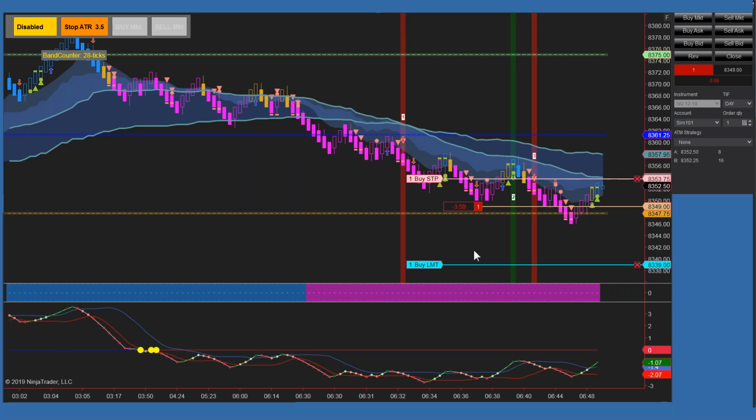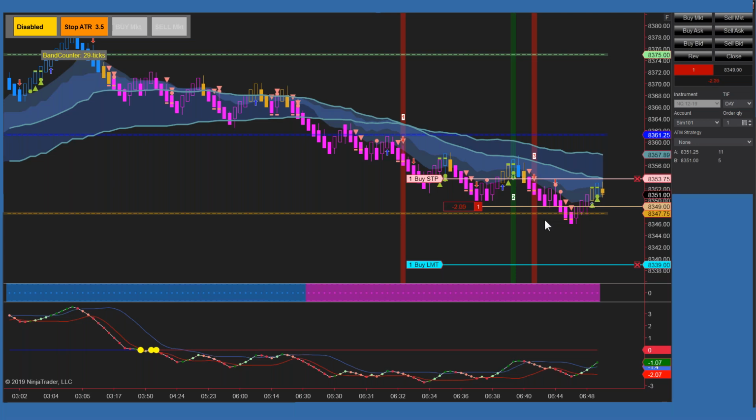Well, the buyer's making a bit of a pushback here from this median line. I will take the stop out if they tag me. Because if this support zone holds, then there's a good chance they'll try to go higher.